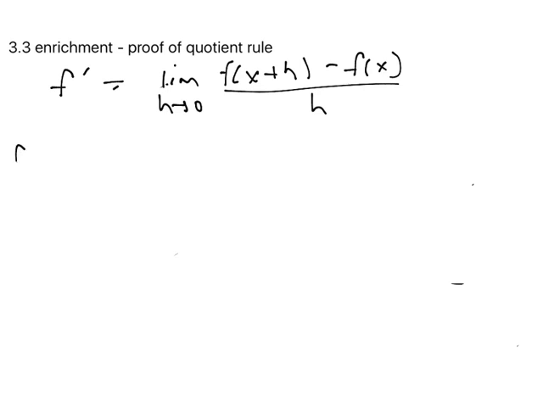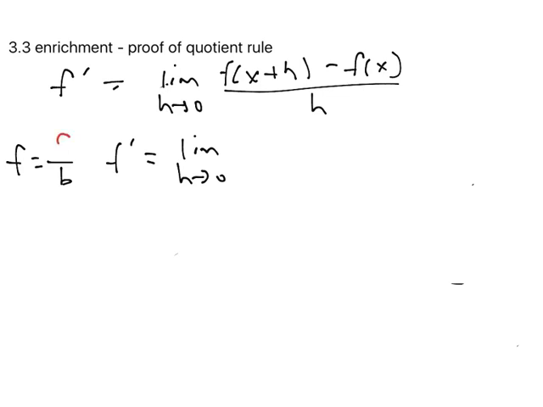Well, if f is equal to a over b, then f prime, by the same definition, has to equal, instead of f of x plus h, we end up with, I'm going to color code this.